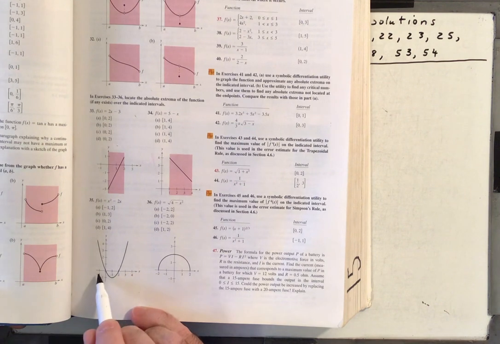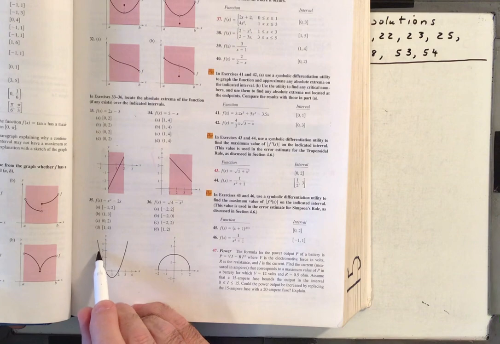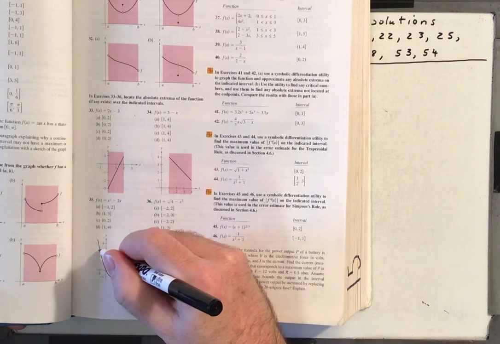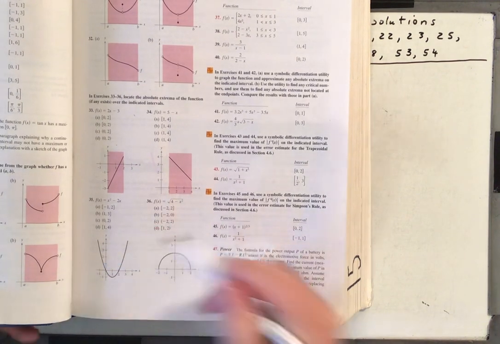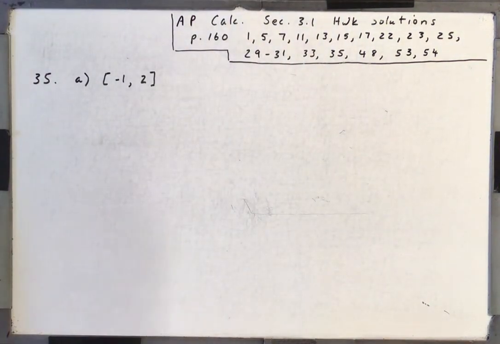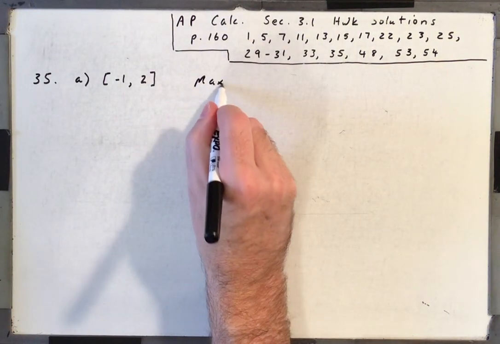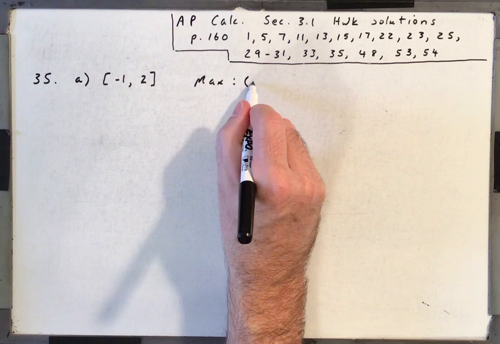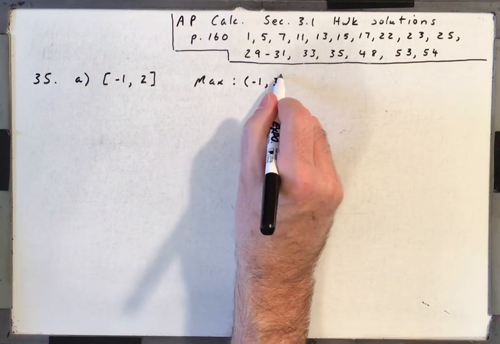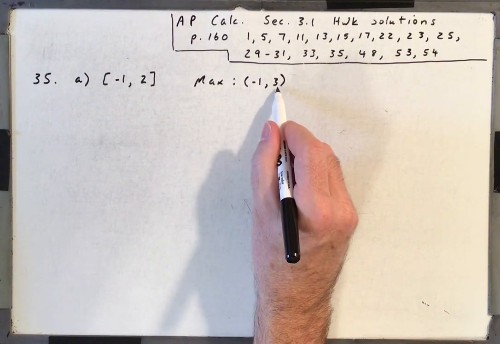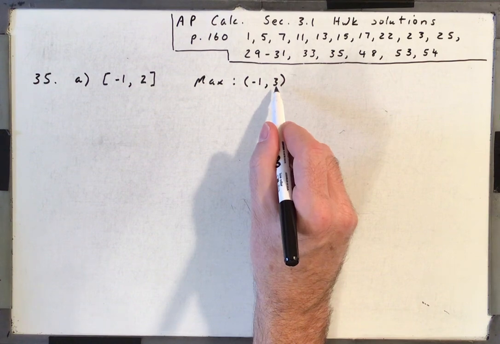Well, the maximum occurs at -1, and if I follow that up, the tallest y value is 3. So the maximum occurs, now I'm just reading the graph, at (-1, 3). The tallest y value occurs at -1.